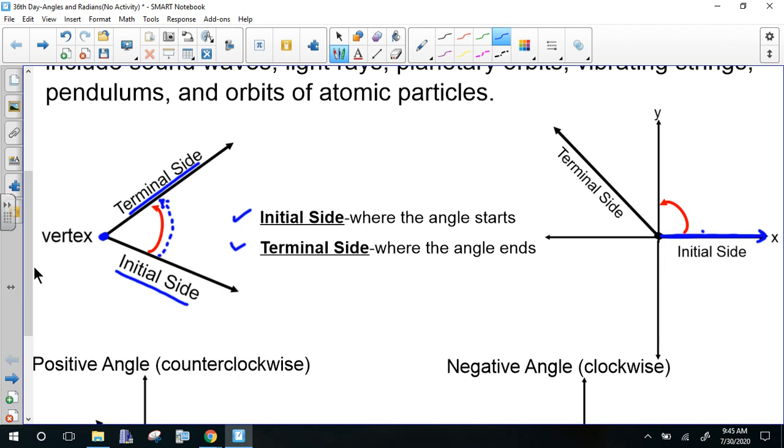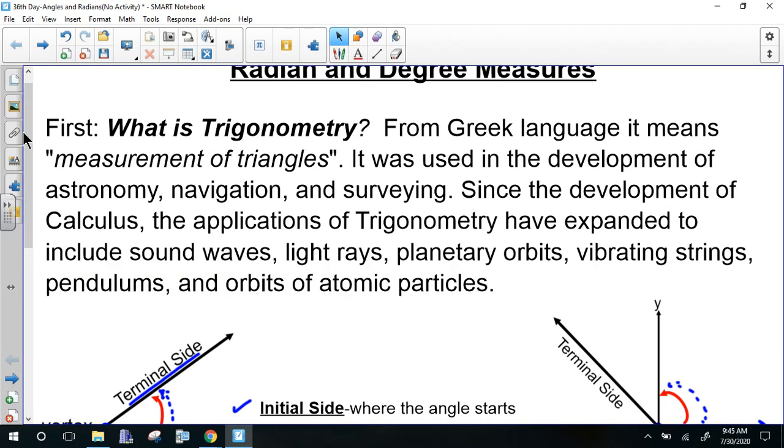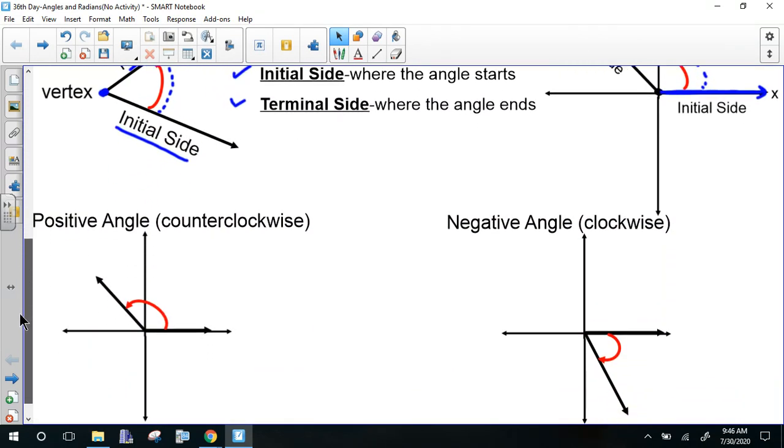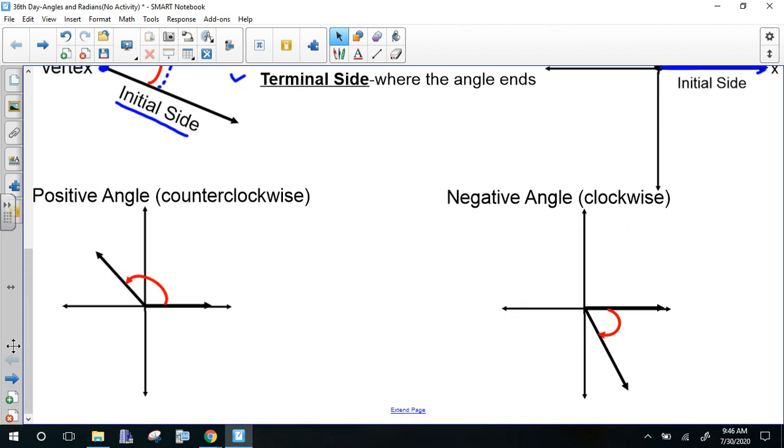So a positive angle opens to the left. A negative angle opens toward the right. It's a clockwise rotation. So you've got to remember that. Most of what we'll be dealing with is positive angles. However, you will run into negative angles once in a while. Right? So positive is counterclockwise, negative is clockwise.